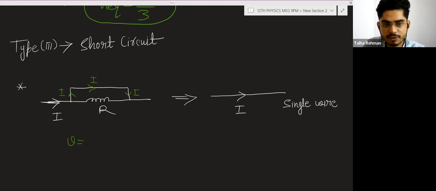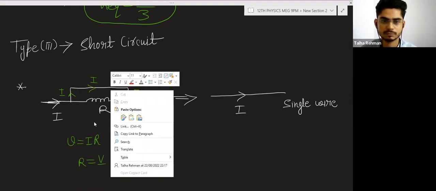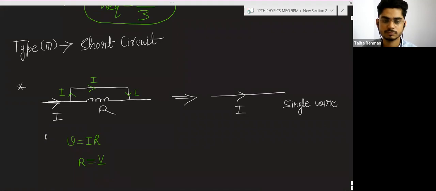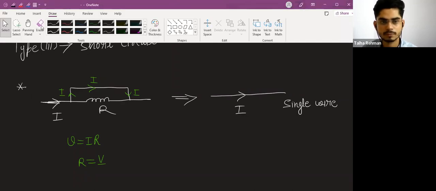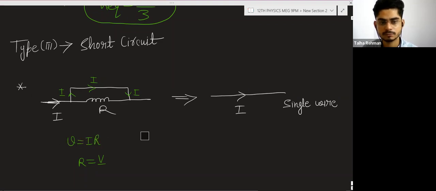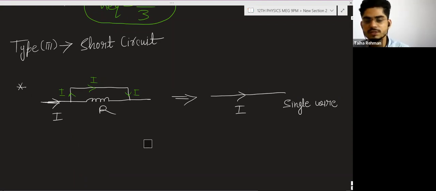We know that V is equal to IR, so R is equal to V divided by I. That is not valid here. All the current will go through the wire, and without current there is no existence of resistance in the circuit.